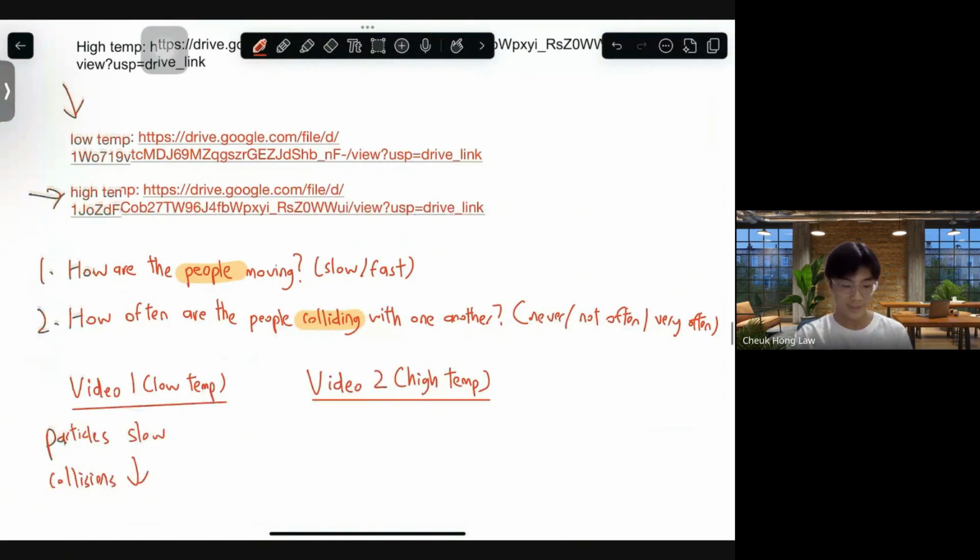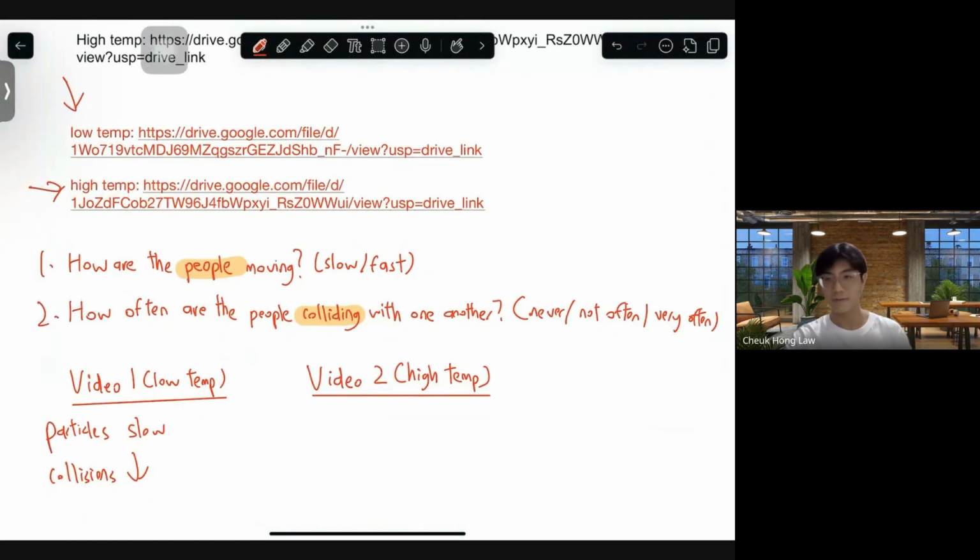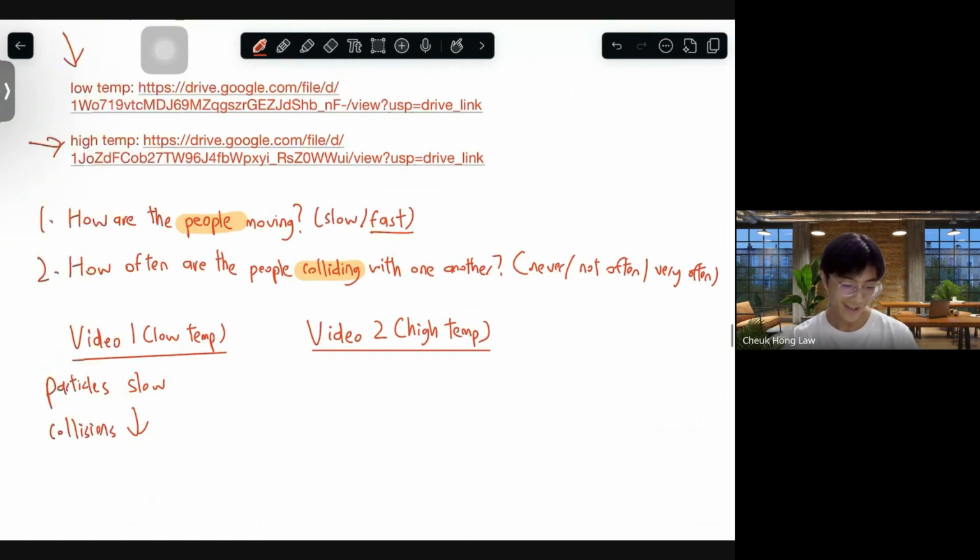Okay, comments. How are the people moving? Are they very slow and calm, or are they rushing? Fast and furious. Nice. And how often are they colliding with each other? Always colliding, right? Very often. So this is what happens when there is high temperature.